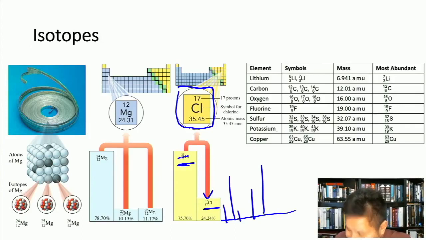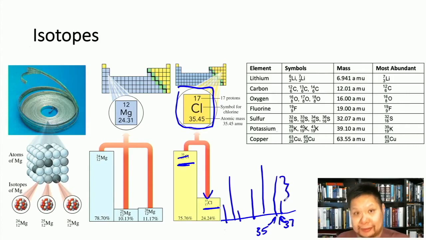So whenever we see two peaks right next to each other, where one peak is at a mass of 37 and the one right next to it is at a mass of 35, and their abundance is approximately one third of each other, we can immediately assume that there must be a chlorine in the molecule.